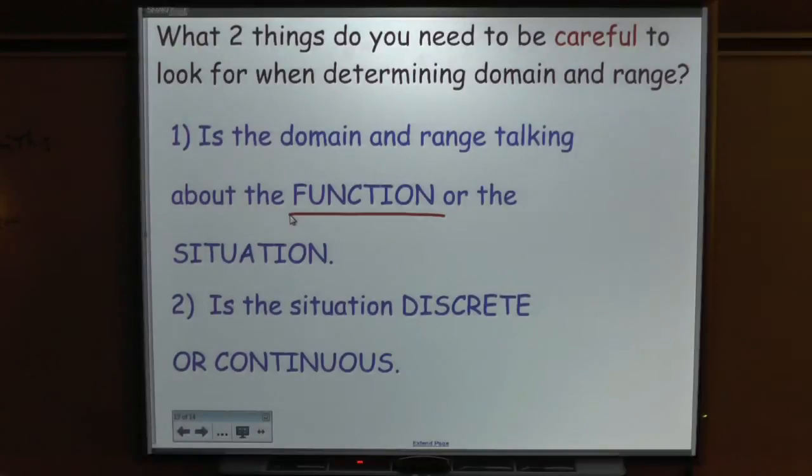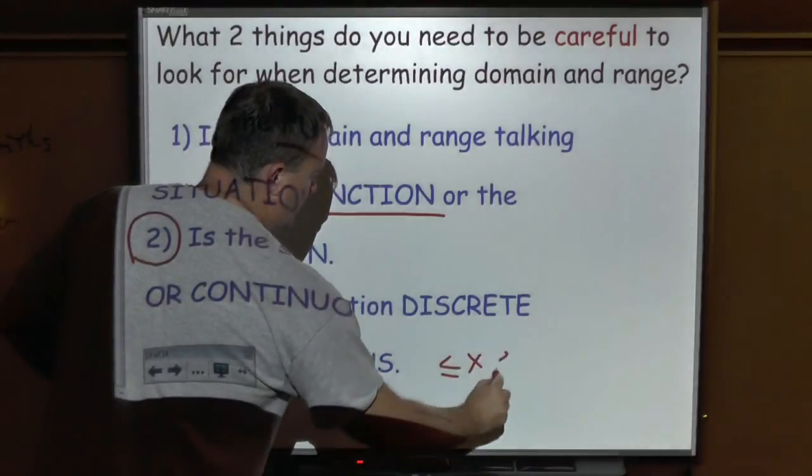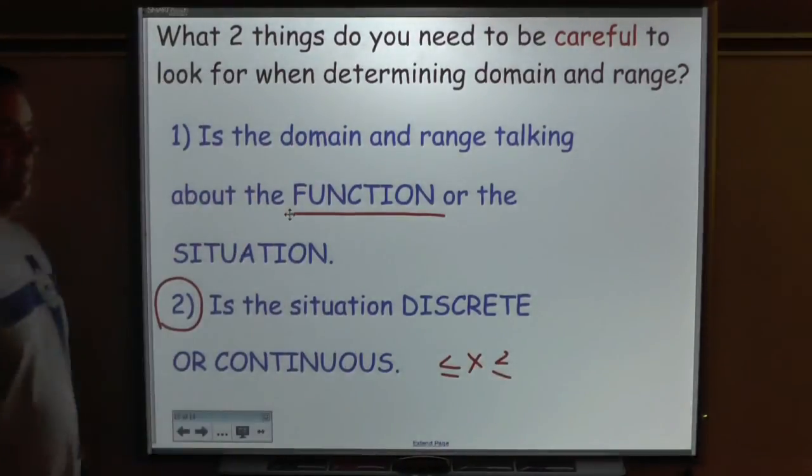Or if we're talking about the situation, you have to figure out number 2. Is it discrete or is it continuous? If it's discrete, you're talking about a set of points. If it's continuous, you're probably talking about a line segment. And that's what that less than or equal to x, less than or equal to is. So remember that.